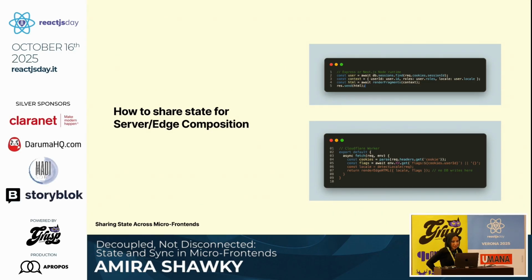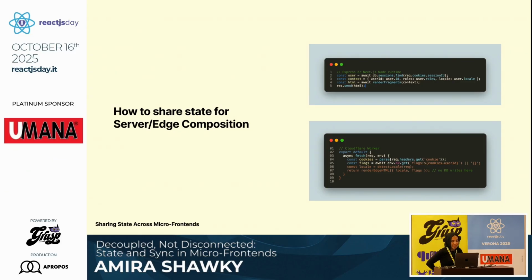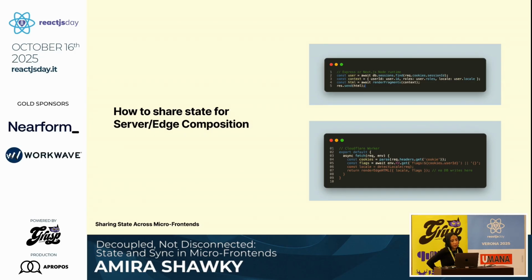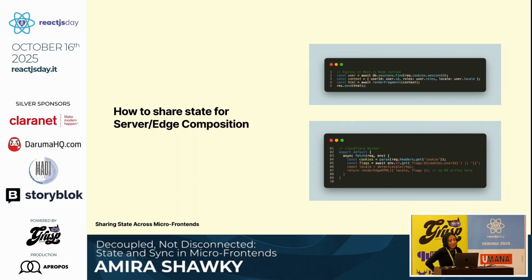So never share secrets such as API keys or tokens with fragments. For fragments that you don't fully trust, do server-side instead. It also doesn't share client UI state because that definitely belongs to the client. So let's recap.